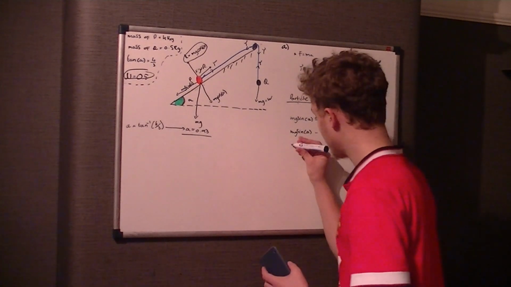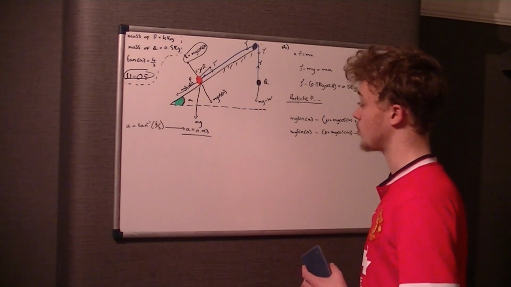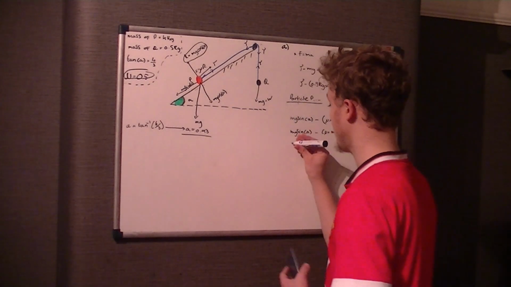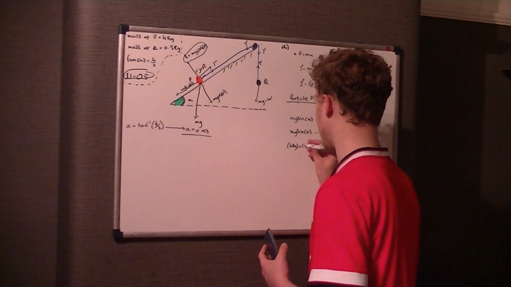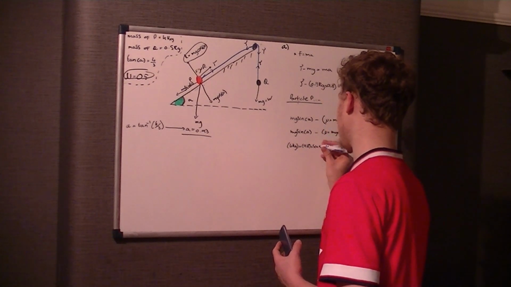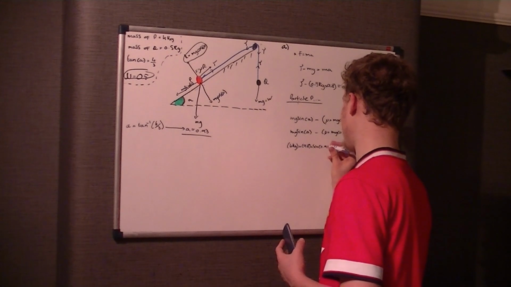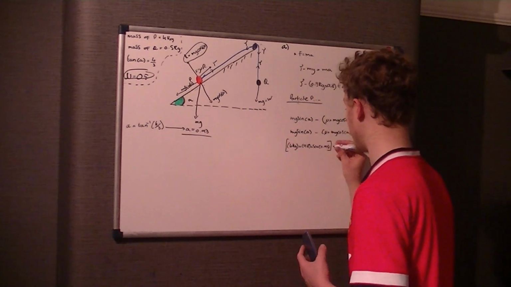So mg sin A. We know the mass, so we're considering P now, so the mass is 4 kilograms, so it's 4 kilograms times 9.8 times the sine of the angle, which is 0.93. Put square brackets around that, just so we can see where we're going with this.